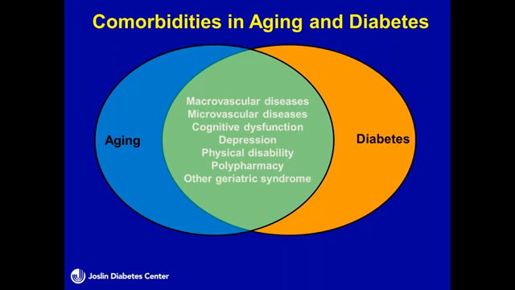Depression can happen at any time, and this population is at higher risk of depression. Physical disability, polypharmacy, and other geriatric syndromes. Particularly, they are more prone to urinary tract infections that can also trigger delirium, have a higher risk of falls, and a higher risk of persistent pain that can have an impact on their mood, triggering depression, and on their food intake, triggering anorexia, among other problems.